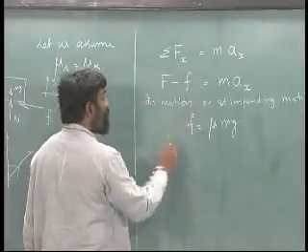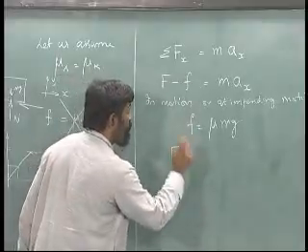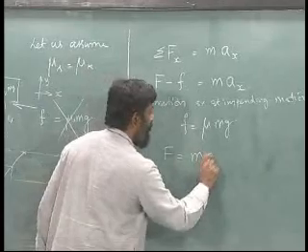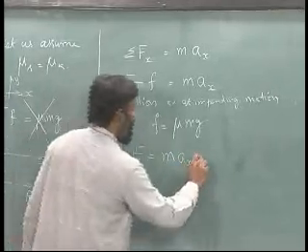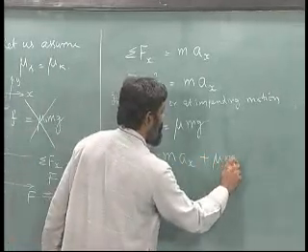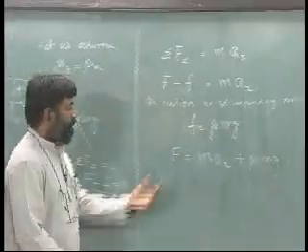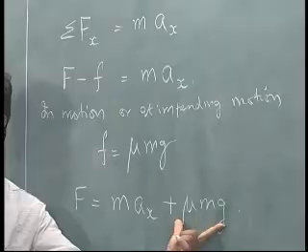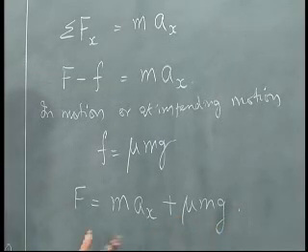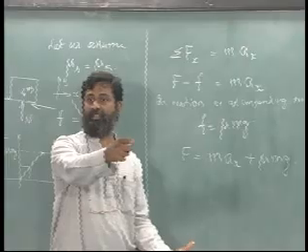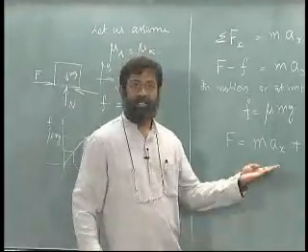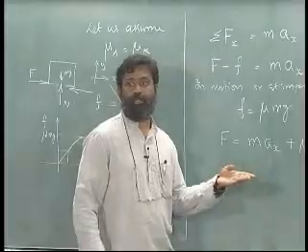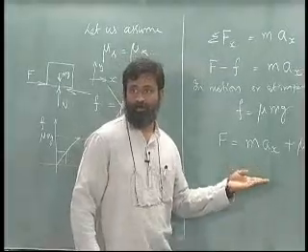Once I know it is f equals mu mg, then I can write F is equal to m times Ax plus mu times mg. So part of the force is taken by the frictional force and part of it goes towards accelerating it. This is a very crucial point that has to be understood.